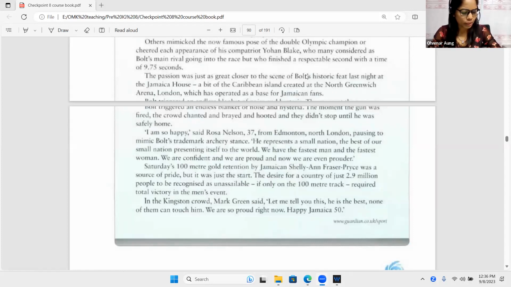Both triggered an endless blanket of noise and hysteria. Very nice. "Triggered an endless blanket of noise and hysteria" is an expression.